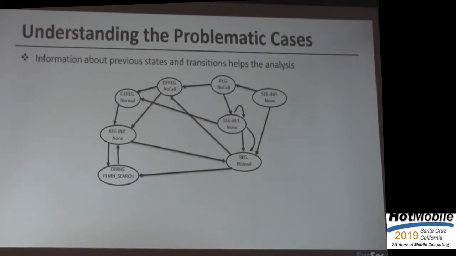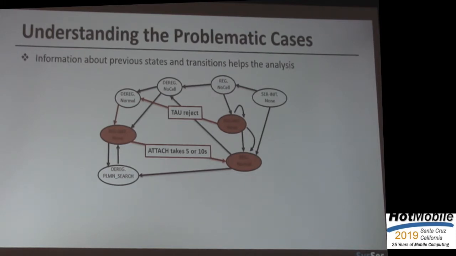Not limited to finding the LMIs, our state machine representation helps to understand problematic cases. One example is that the abnormal case consistently takes 5 or 10 seconds in the US1 operator during an attach procedure. This is represented as a path from the registered init state to the registered normal state in our state machine.